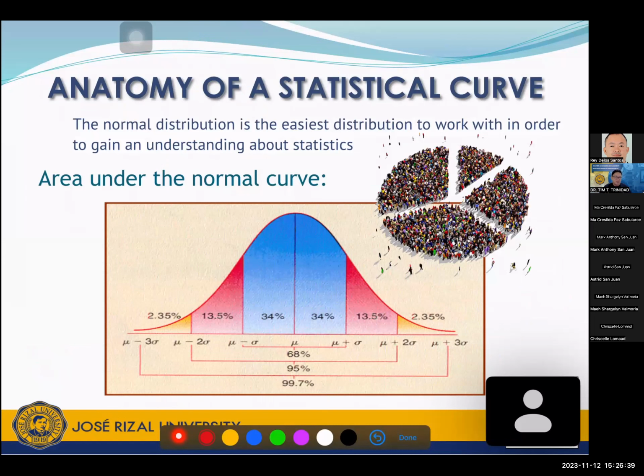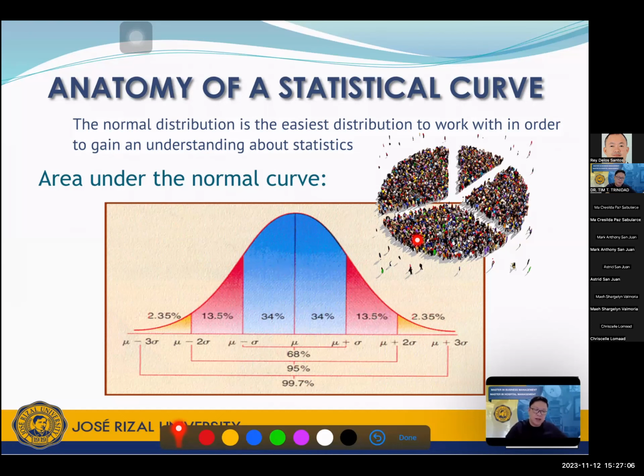So that if we continue on further interpreting this curve, okay, that we use as a scale for your standard deviation. So you have a population here. If you plot all this data under a curve or in a graph, you will produce a curve like this, so that it will represent the whole population.